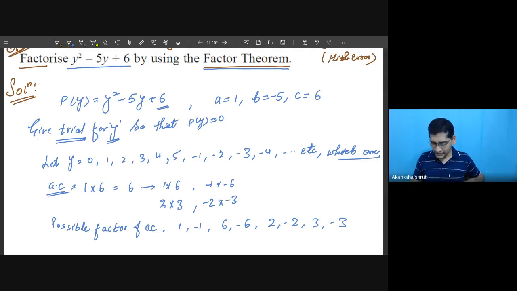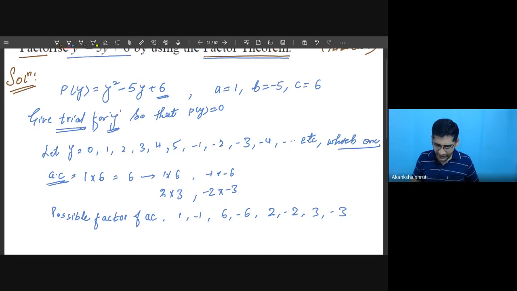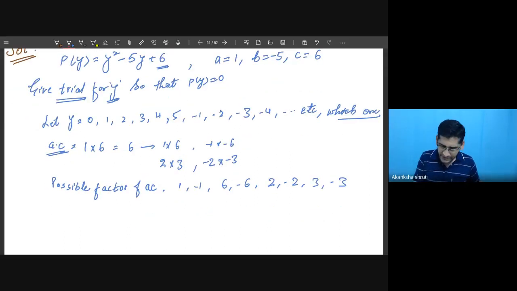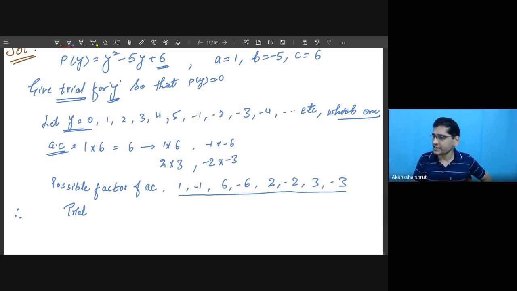So student, keep in mind, in the trial method or in this factor theorem method, you are free to take any value of this variable for the trial. But which value shall we choose? Whatever factors of AC we are getting, only among these factors you have to give the trial.